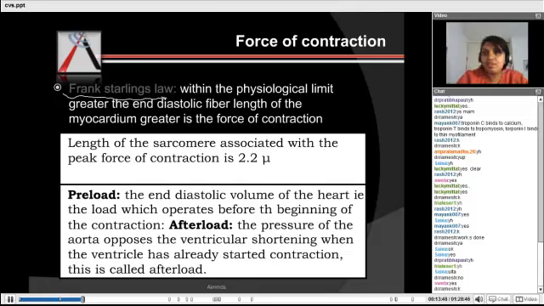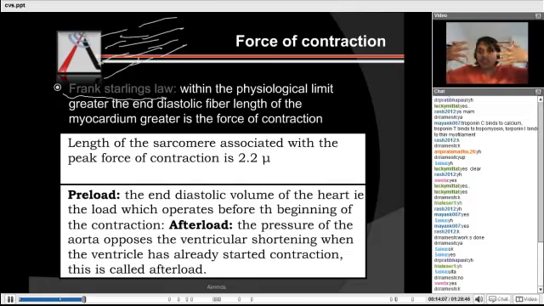Why does that happen? We had been talking about these actin and myosin filaments overlapping each other, isn't it? And what is contraction? Contraction is nothing but sliding over of these actin and myosin over each other. So if before the contraction we are somehow able to pull those actin and myosin far away, when they contract, they will have more room to contract.